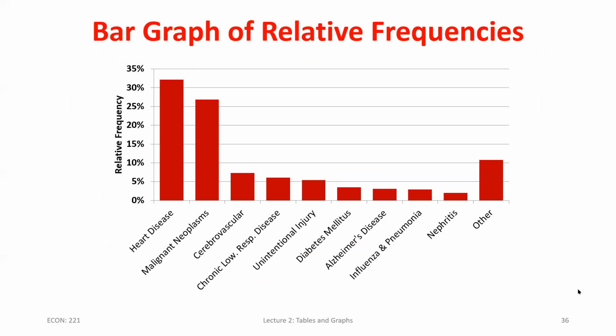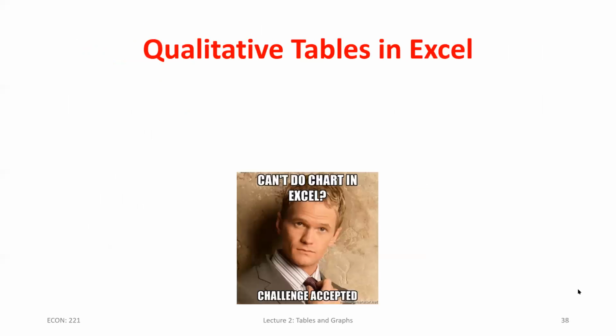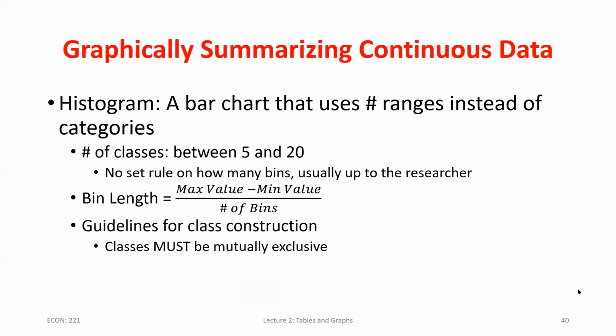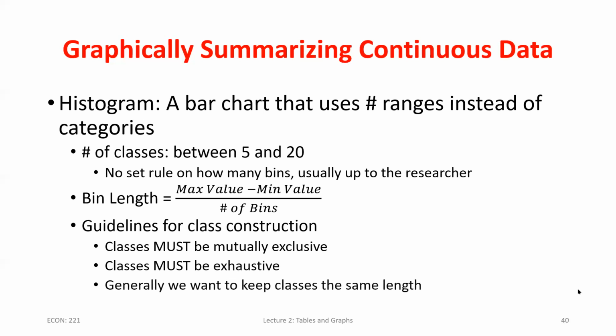We want to make sure we include every single observation. So we create these catch-all categories. With continuous data, that usually plays out by being one of these catch-all categories at the end. Or if we had something where most of the data is high, but there's some really, really small, maybe we have a catch-all category at the beginning. Right? So exhaustive. And then generally we want to try to keep them the same length with the exception of these categories at the end, like catching any of the extremely high income values.